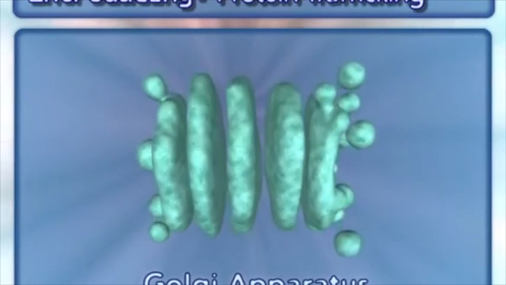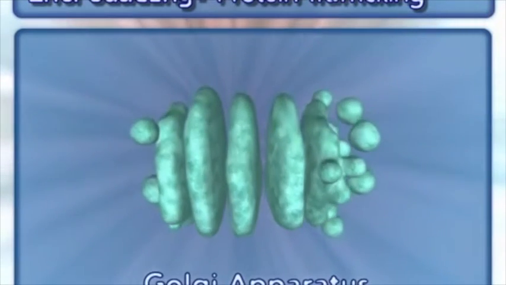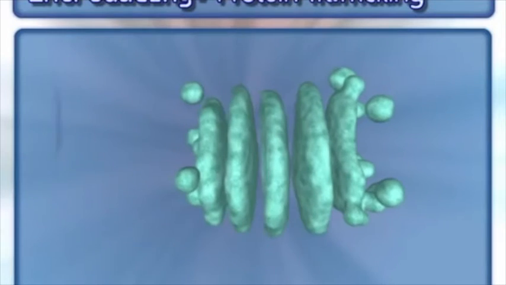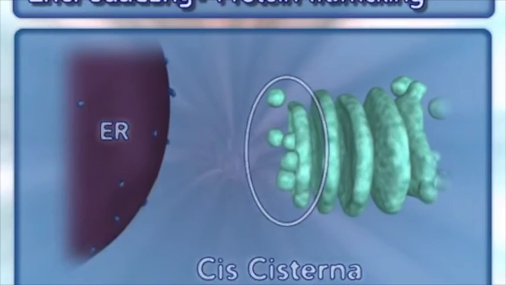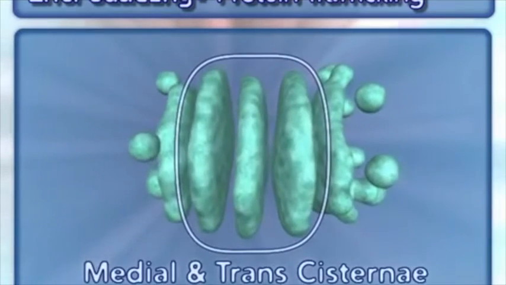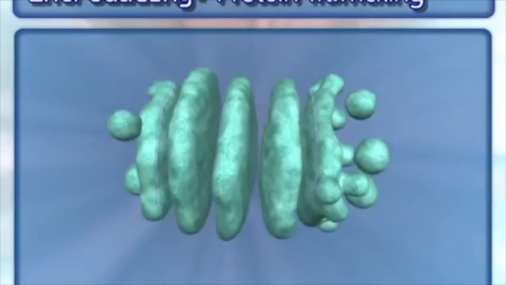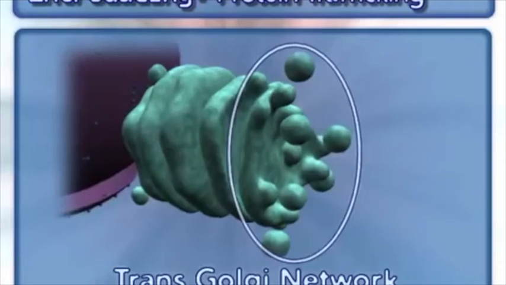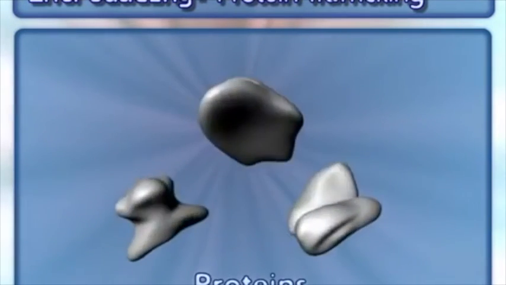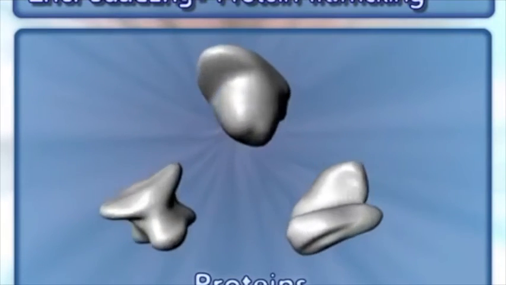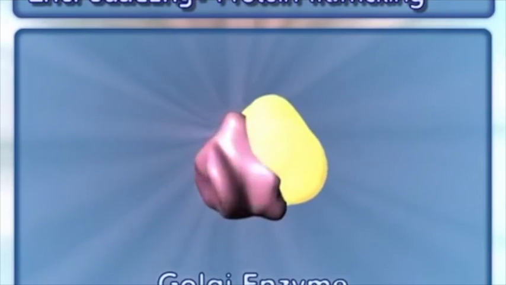The Golgi apparatus consists of general components: the cis cisterna nearest the endoplasmic reticulum, or ER, the medial and trans cisternae, and the trans Golgi network. Other key players in this process are the proteins being transported and the enzymes that modify them.